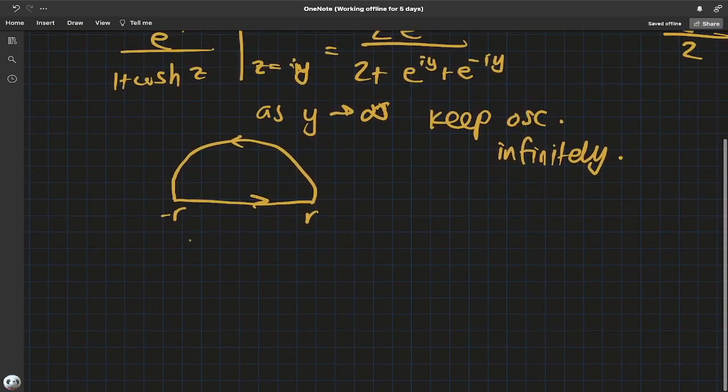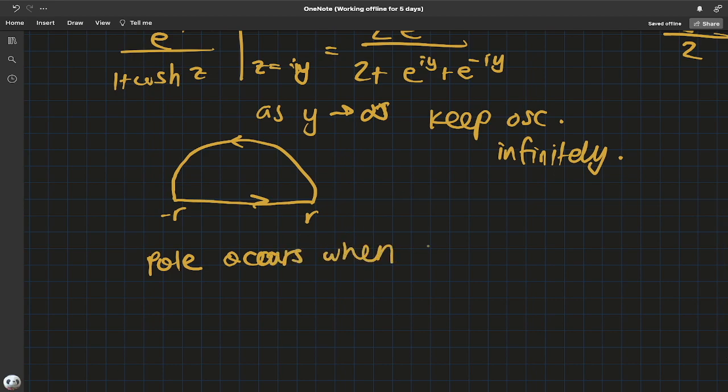Another thing is a pole occurs when z equals plus or minus (2n plus 1) times i pi.